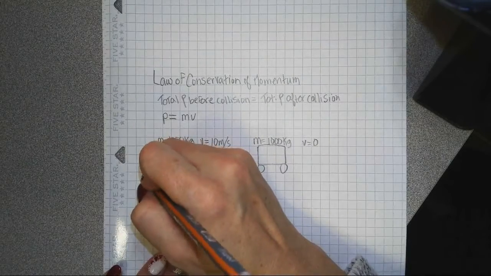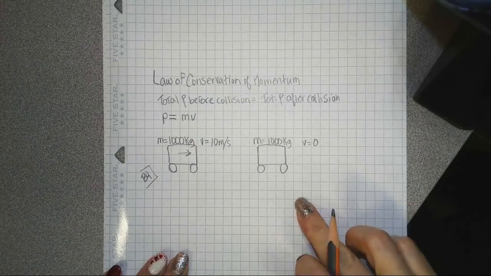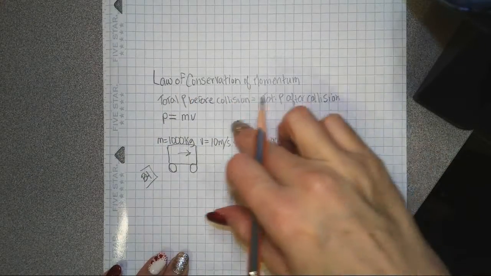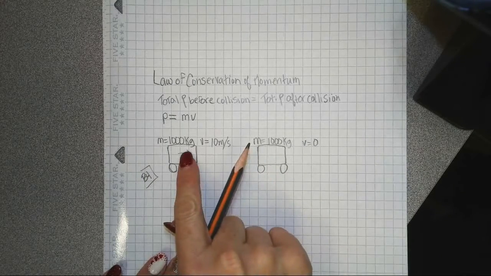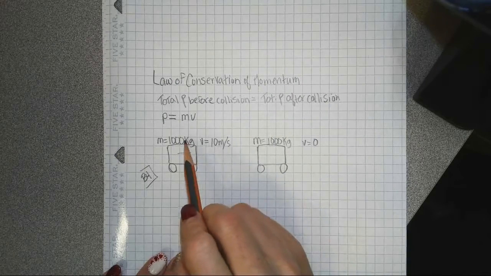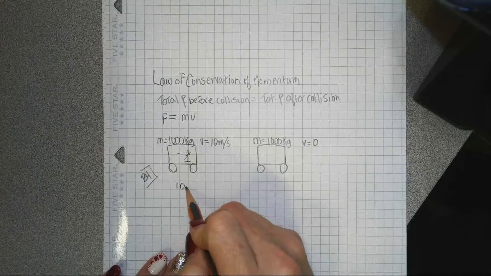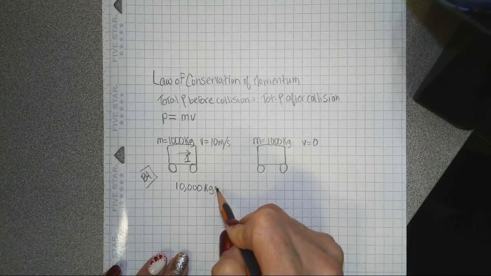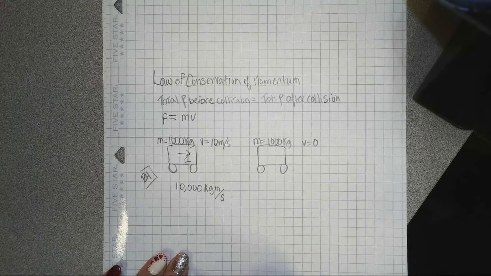Before the collision, we can get the total momentum of both cars together. This is called a system. These are both interacting objects in the collision. Object 1, or car 1, has a momentum of 1,000 times 10, 10,000. And the units are kilogram meters per second. They're really messy, the units for momentum.